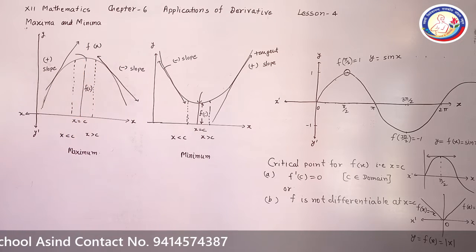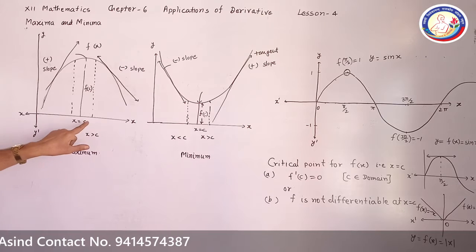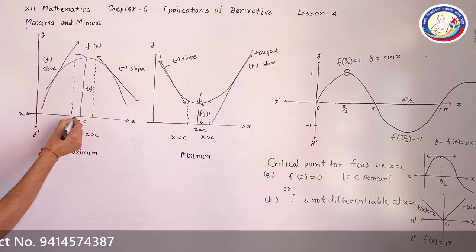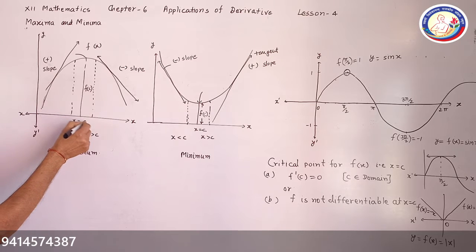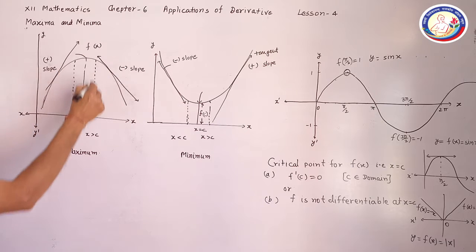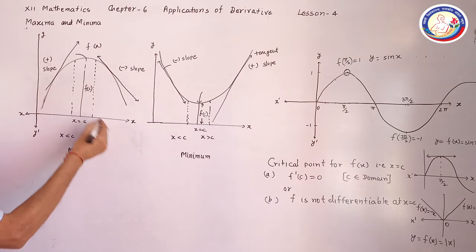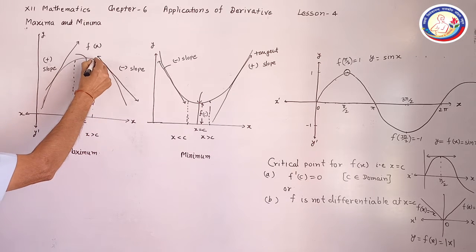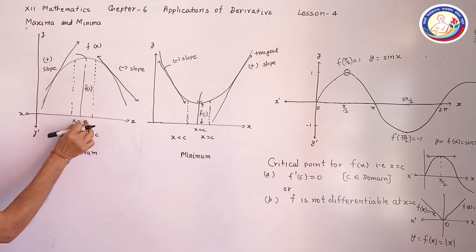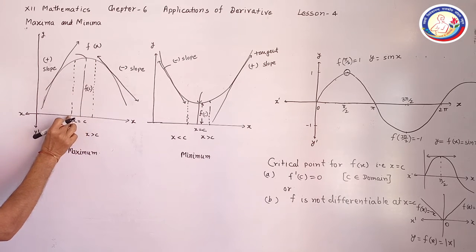Now what about the values of x in the neighborhood of c? Say a value just near c and less than c is a point here. And again, more than c, this is a point here. So there is a slight increment and a slight decrement in c.